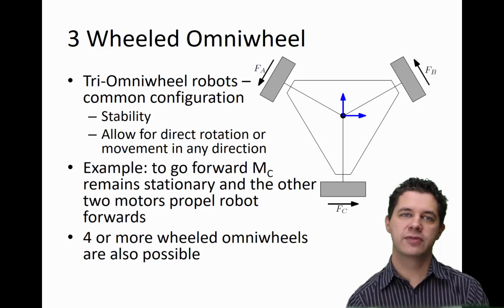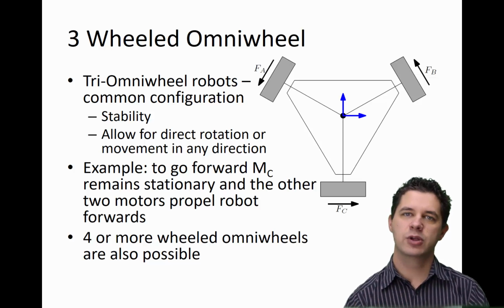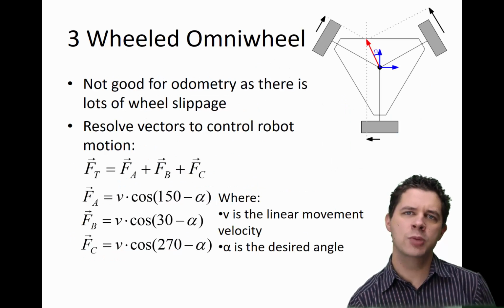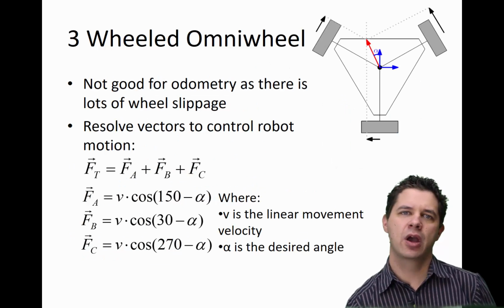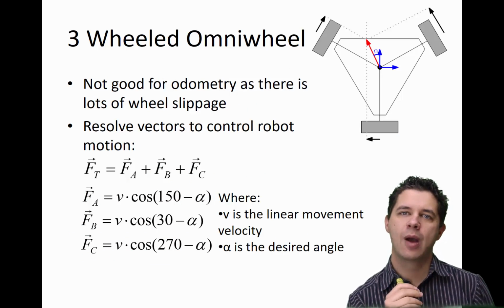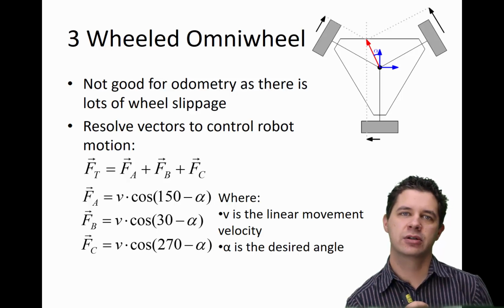There's different configurations of these, so we can have 4 omni wheels or even more. This is the most basic form and does a fairly decent job. Now, in terms of plotting a direction of where we're going, we can easily work out a vector of where we want to go and work out the differential speed required to drive each of those motors to get us in that direction.